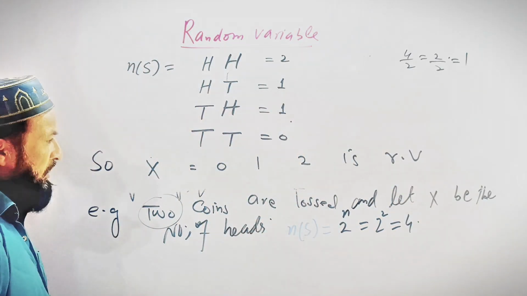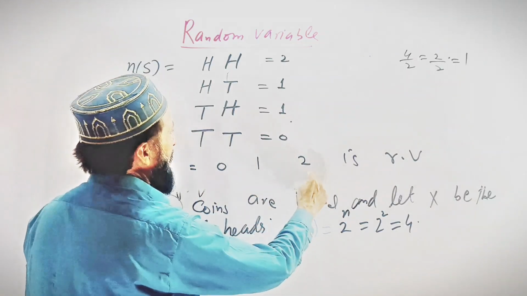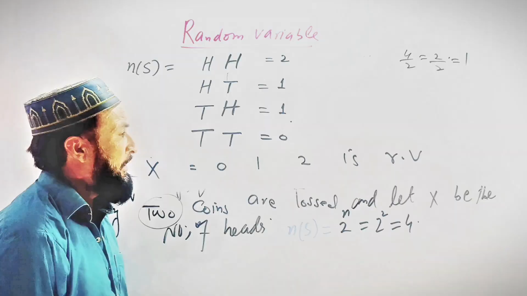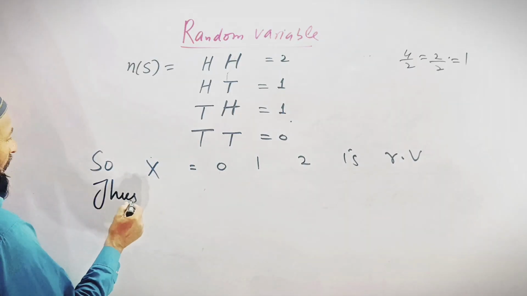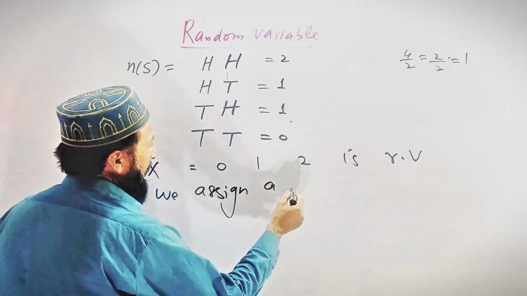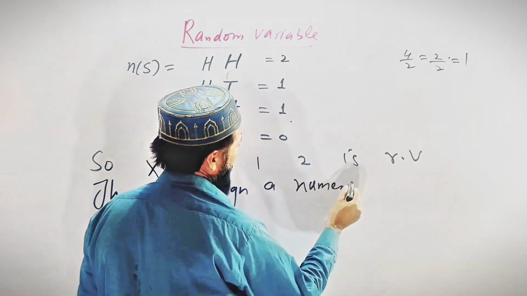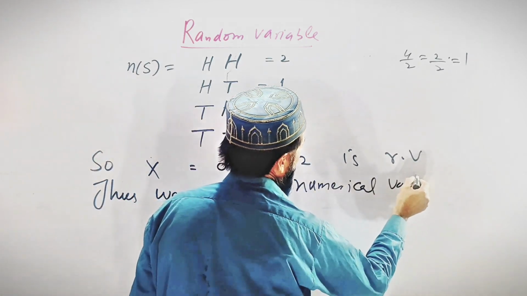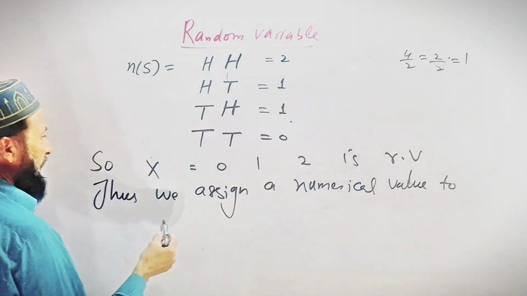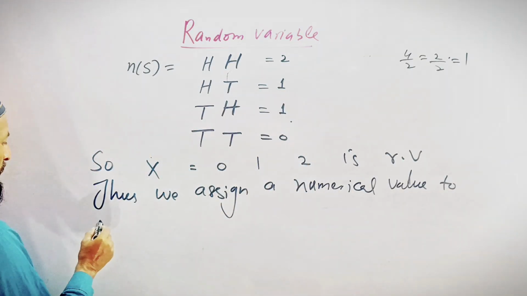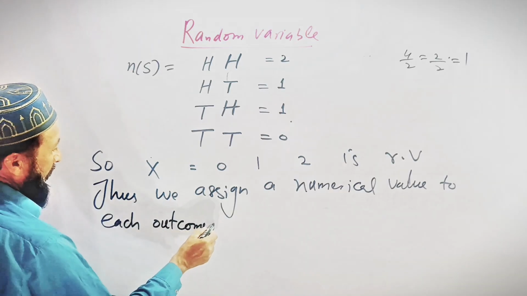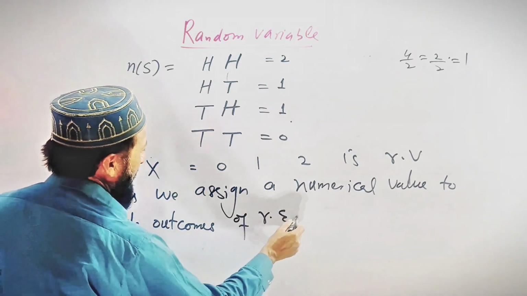Thus, we assign a numerical value to each outcome of a random experiment.